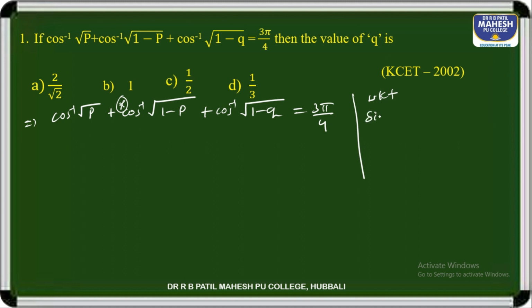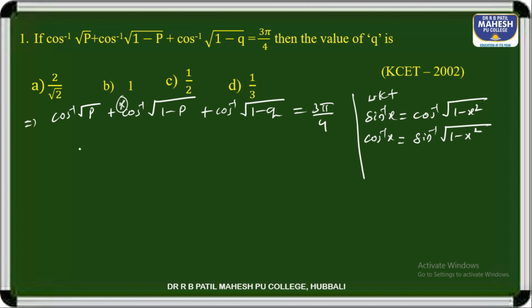Sine inverse x is equal to cos inverse of root of 1 minus x square. Using this one, I am going to convert cos inverse root of 1 minus x square as sine inverse x, or if you want cos inverse x in terms of sine inverse, you can use the second one, that is cos inverse x equal to sine inverse of root of 1 minus x square.